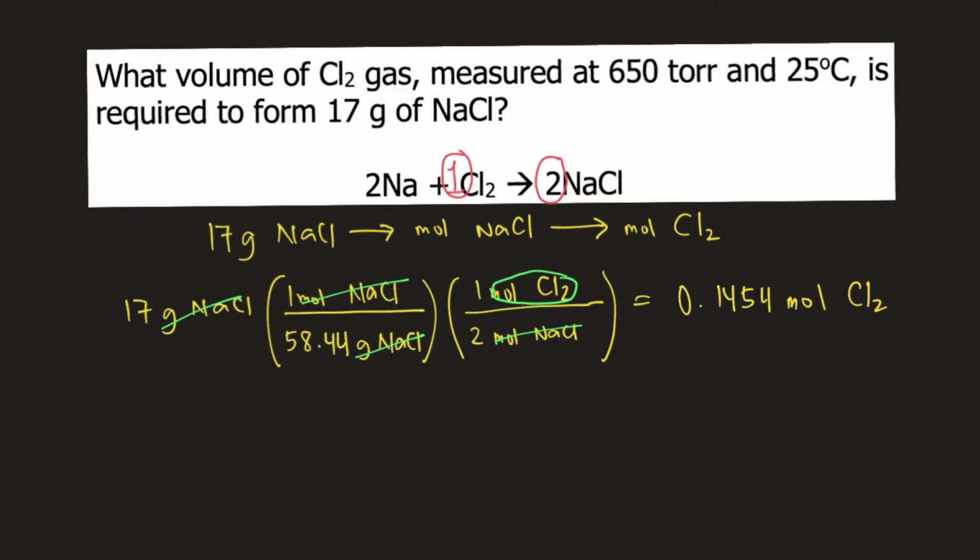Now that we have the moles of Cl2, we will use the ideal gas equation to find the volume of Cl2. So the ideal gas equation is PV equals nRT. So if you want to find the volume, divide both sides by pressure. Pressure would cancel on the left side.